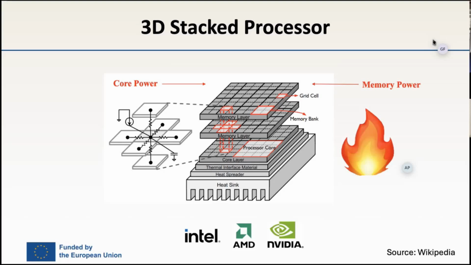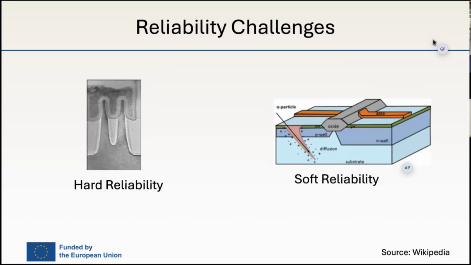So this traps the heat in between the chip, which makes the thermal problem much worse and makes our chips much less reliable than before in the case of 2D processors. So heat is fundamentally very bad for the reliability of processors.